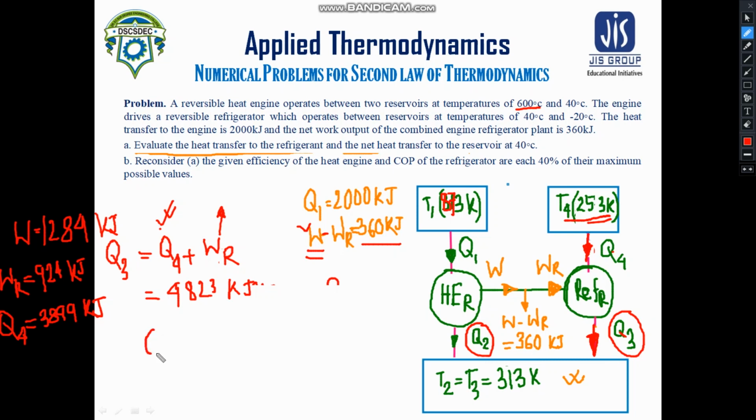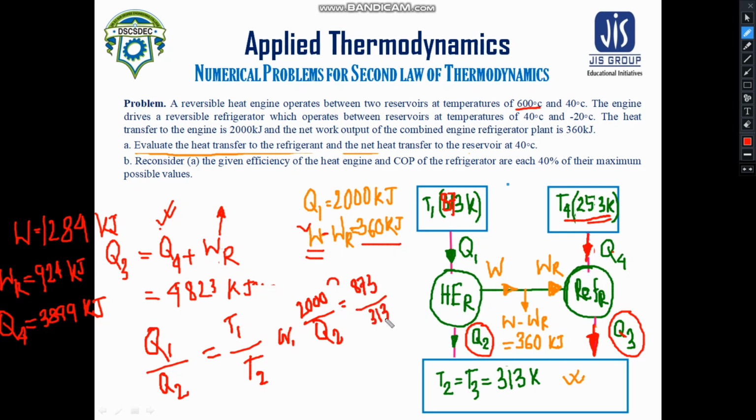This is very simple. From the absolute thermodynamic scale, Q1 by Q2 is equal to T1 by T2, right? So you know Q1, it is 2000, divided by Q2, which is equal to T1, that is 873, divided by 313.